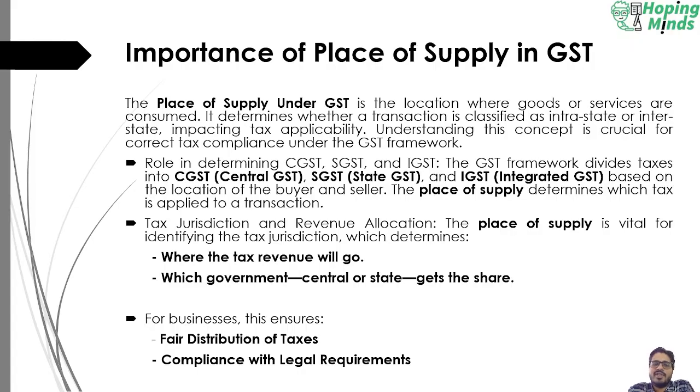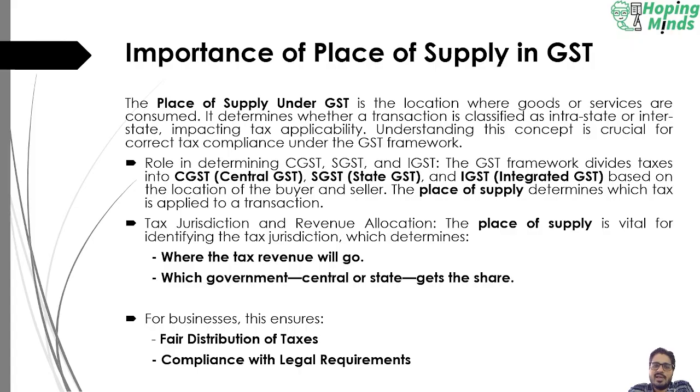So there are differences between the place of supply rules in case of goods and in case of services. For briefing, we have goods and services. For movement of goods, the place of supply is where the goods are delivered. In case the goods do not involve any movement, then the location of goods at the time of delivery is the place of supply.